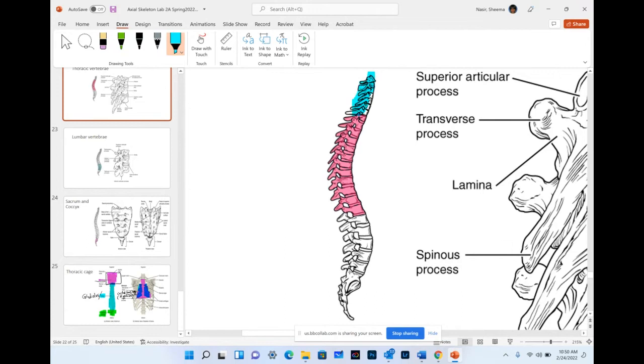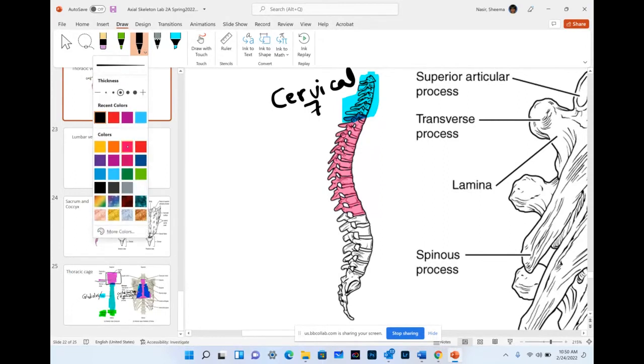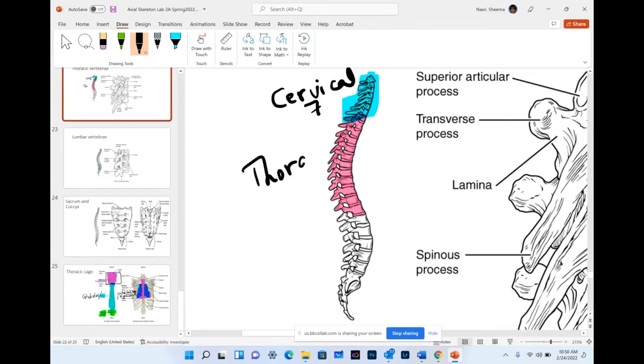You see this? This is cervical. How many in it? 7. You see the pink one? What is that? That is going to be your thoracic vertebrae.